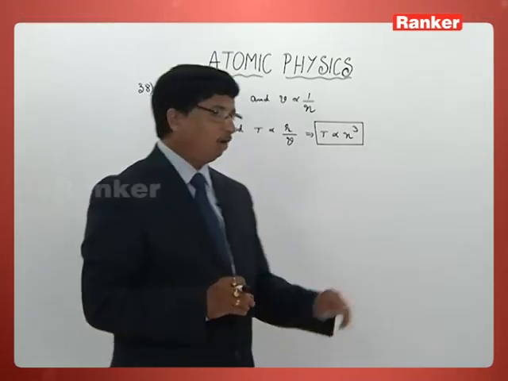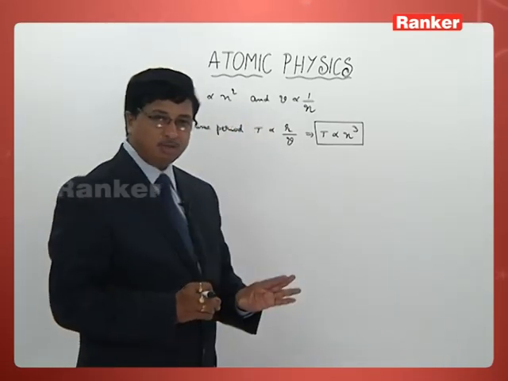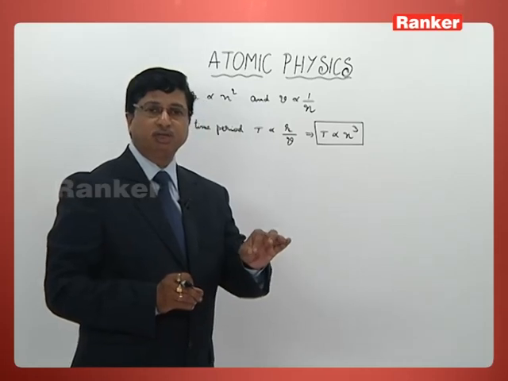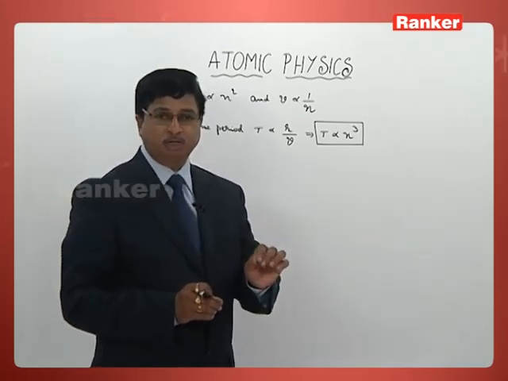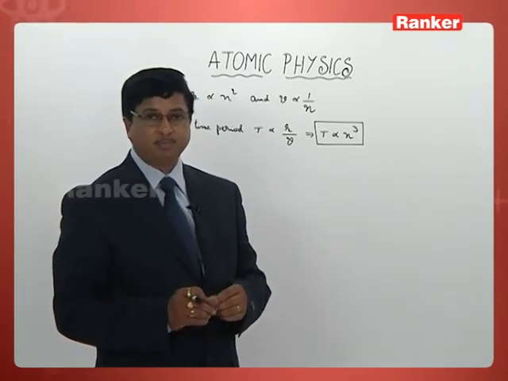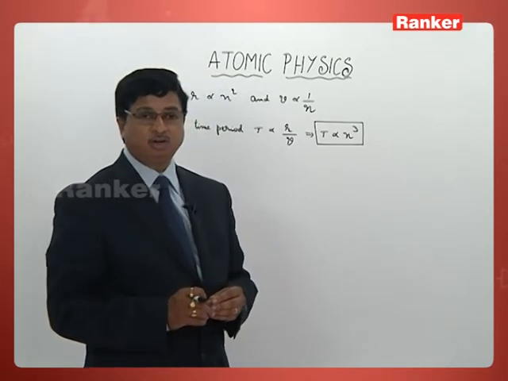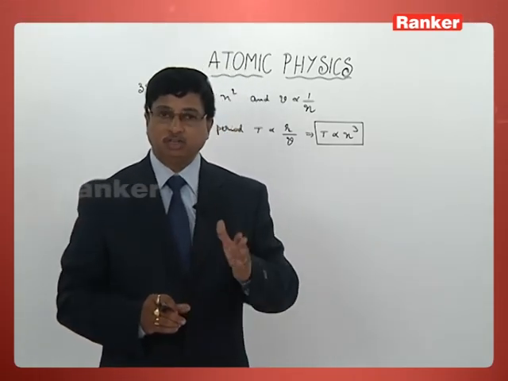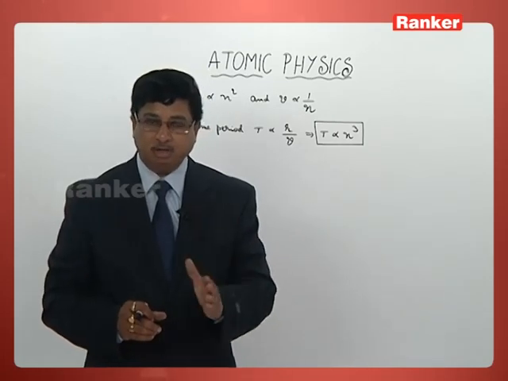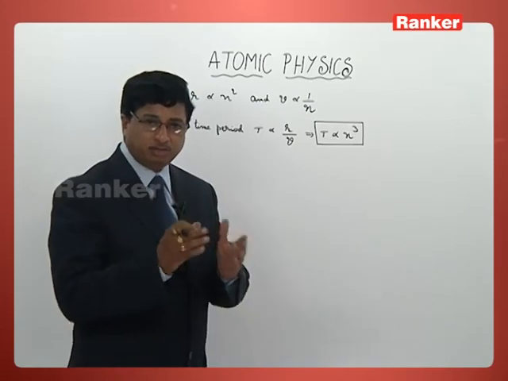So what you have to remember here is, first, the radius of the orbit is directly proportional to n square, where n is the principal quantum number or the number of the orbit. And the second concept is that the velocity of an electron in an orbit having principal quantum number n is inversely proportional to n. That is the second relation one has to remember.